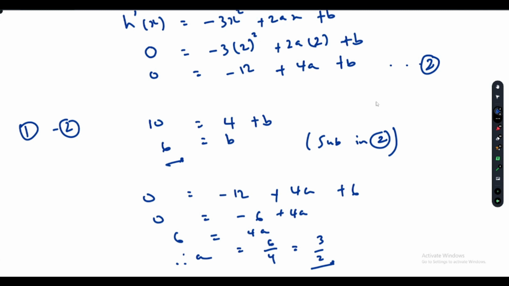We're going to set up the equations: equation 1 from the original equation, where we can substitute an x and a y coordinate in there. Equation 2 is where we use the derivative, where we can substitute the x coordinate of the turning point and 0 for the derivative, because the derivative is 0 only at the turning point. As long as we keep that all in mind, then we'll be okay for dealing with questions like this.